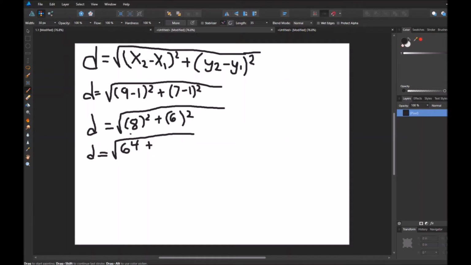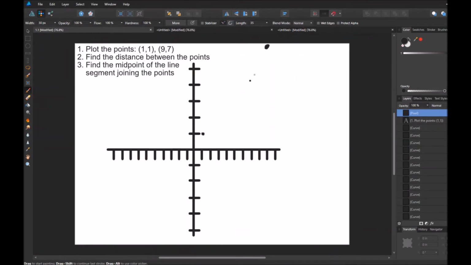So it's the square root of 64 plus 36. And 64 plus 36 is 100. So distance equals the square root of 100. And the square root of 100 is 10. So the distance between these 2 points is 10 units.